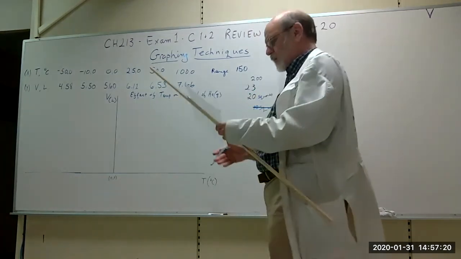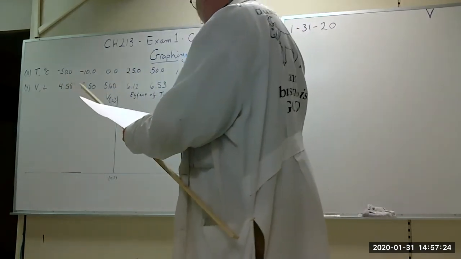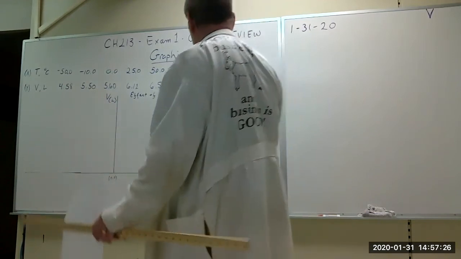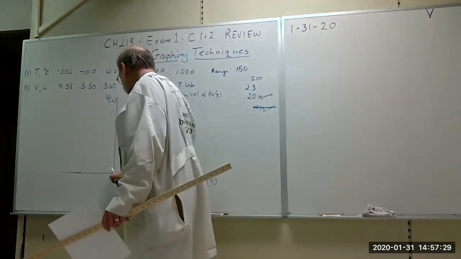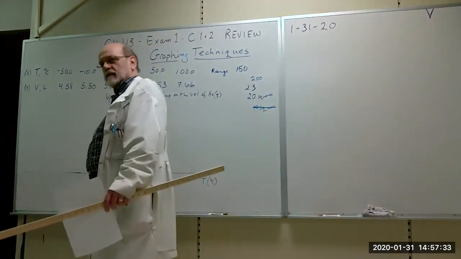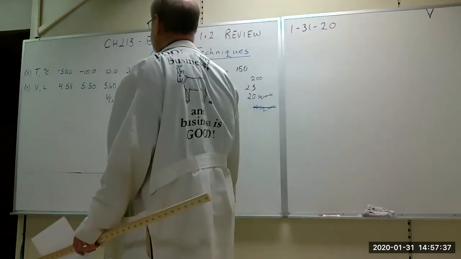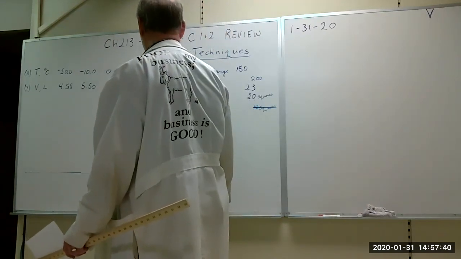So if we use 20 squares, we're going to put 150 of them on this side and 50 of them on this side. No, that's not right, because we need to go below that.